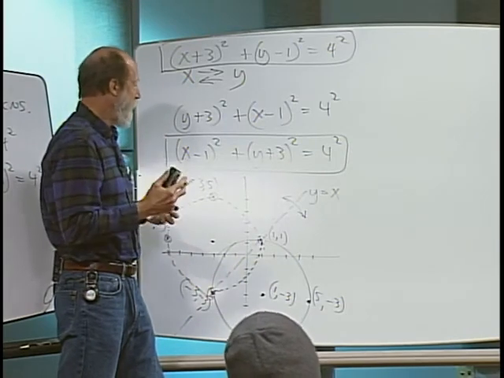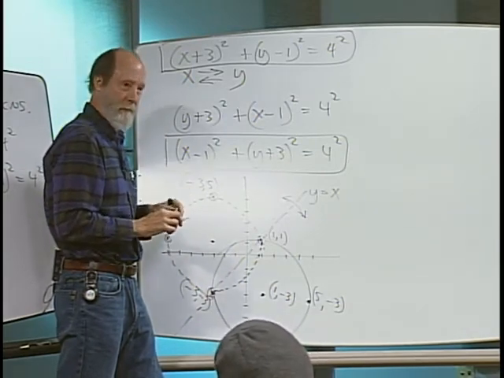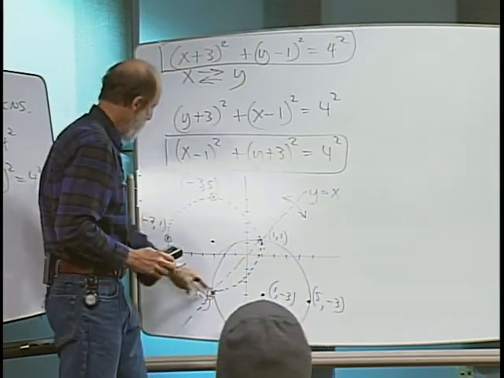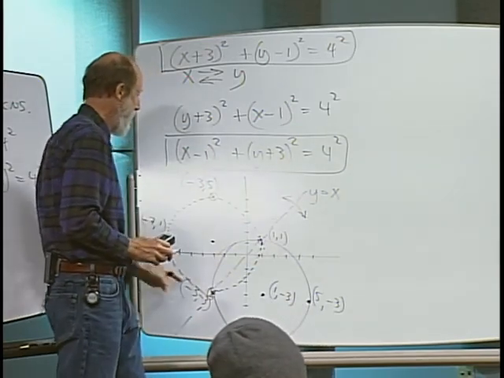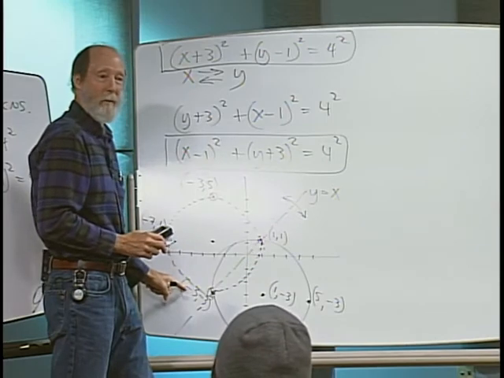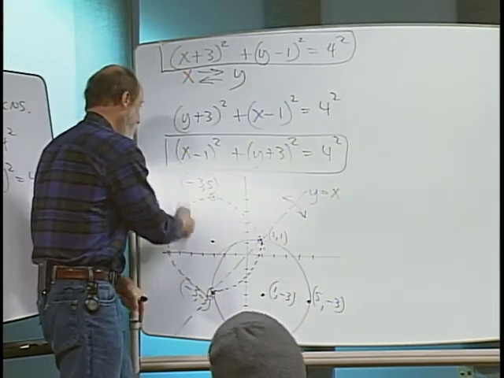Okay, now let's see it in the context of a function. Is this original circle a function? No, because it does not pass a vertical line test.